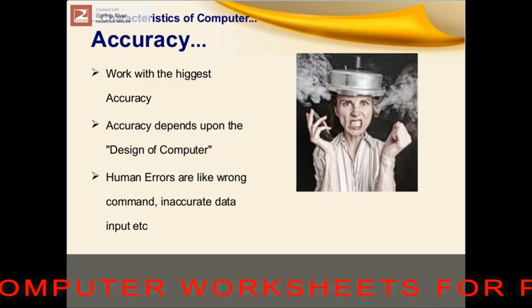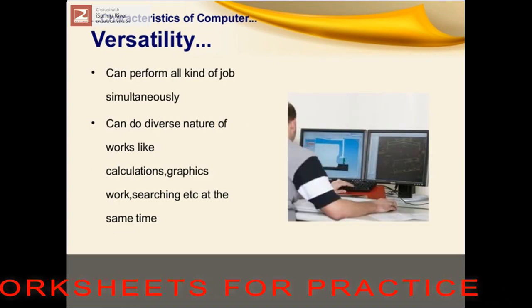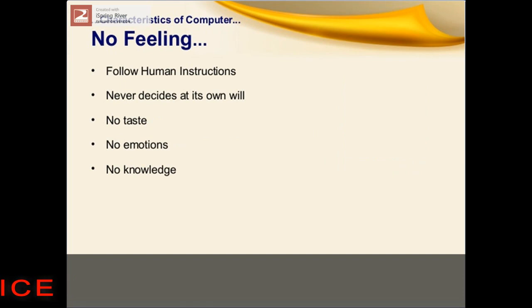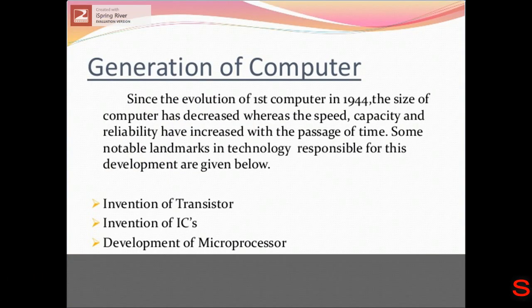It works with highest accuracy, but accuracy also depends upon the designs of the computers. Next, versatile. It can do diverse activities like calculations, graphics, and other works at the same time. But it does not have any IQ or intelligence of its own, and moreover no feelings, no emotions, no knowledge.